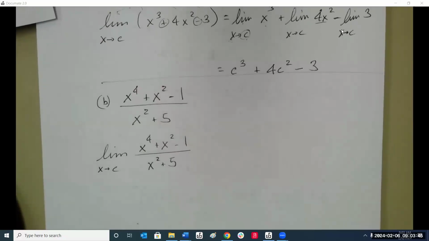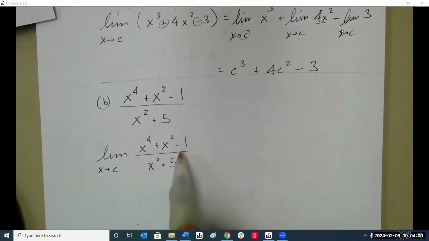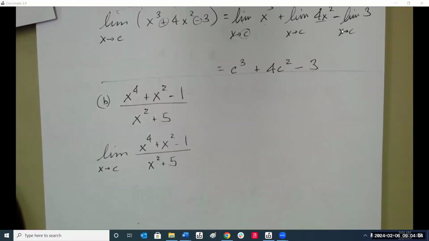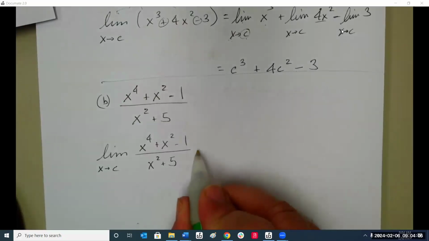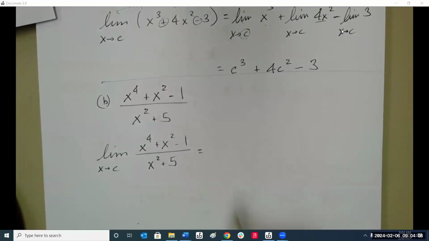So what rules am I going to use? What are 1 and 5? Yep, 1, 2, and 5, because we have a difference also up here. So the first rule we're going to use is the quotient rule.